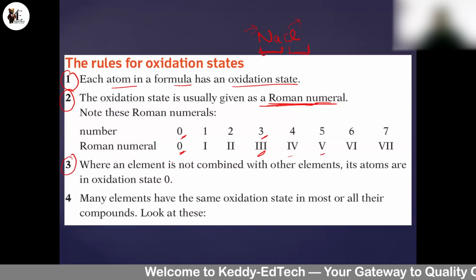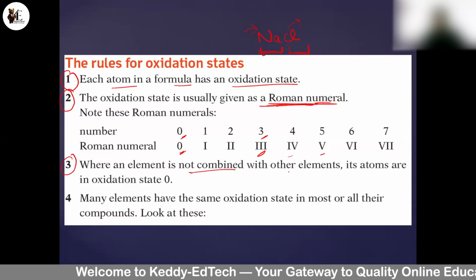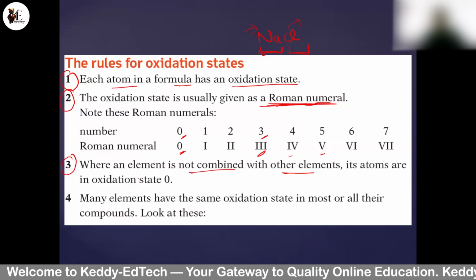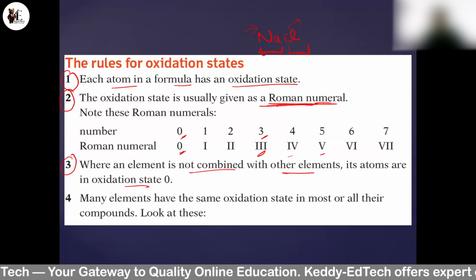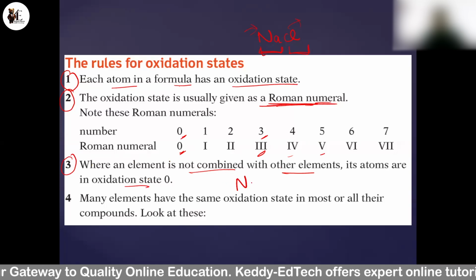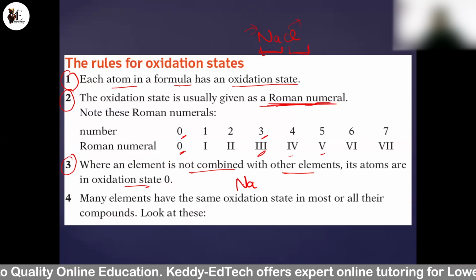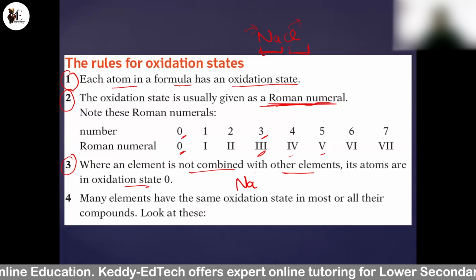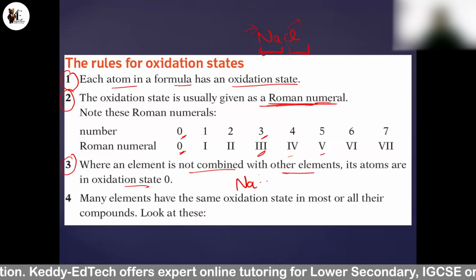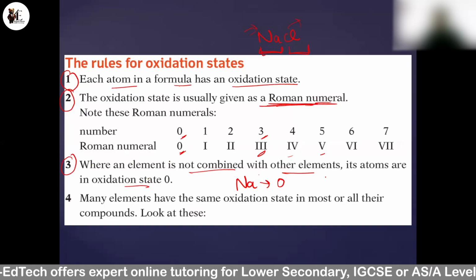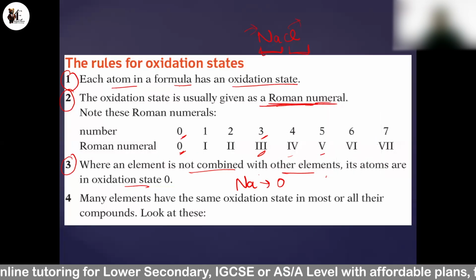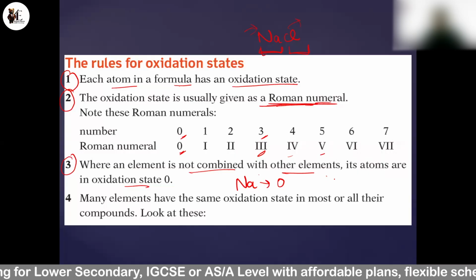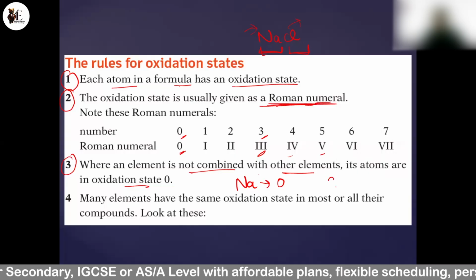The third rule says that where an element is not combined with other elements, its atoms are in oxidation state 0. That means if your element, for example Na only, sodium only, is not combined with any other element, it is alone, so its oxidation number is 0. For example, let us take silicon.